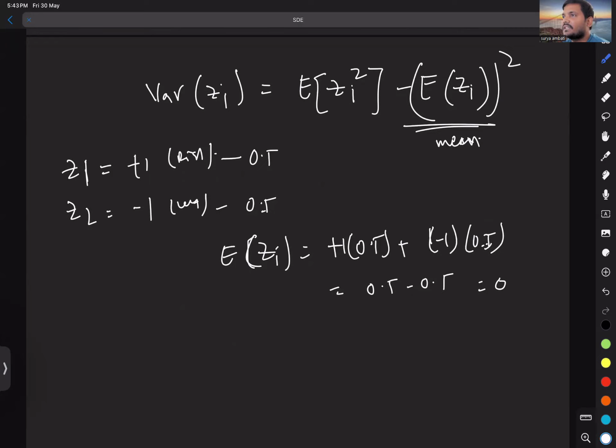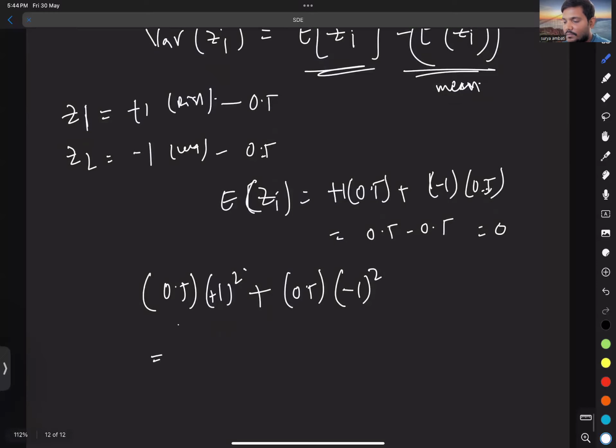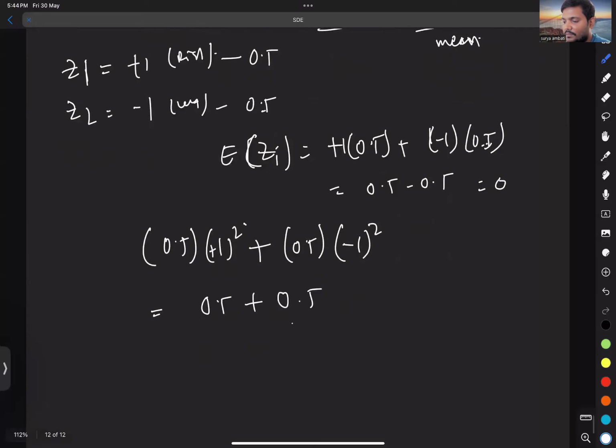Now the second step is to calculate the expected value of the squared values, which means 0.5 into 1 squared plus 0.5 into minus 1 squared. This is a plus 1 squared, and this is a minus 1 squared. So we get 0.5 plus 0.5, because minus 1 squared is 1, which becomes 1.